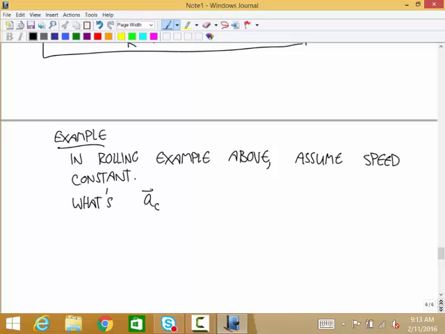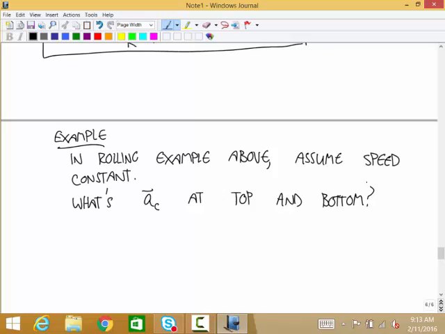What's the centripetal acceleration vector at the top and bottom? Okay, so we saw that at that instant, the point that's in contact with the ground doesn't have any velocity, but it is going to have acceleration because this thing's moving in a circle and its velocity isn't constant.